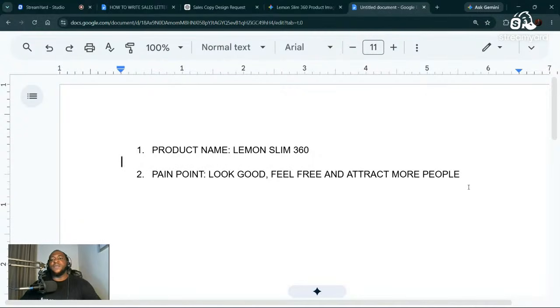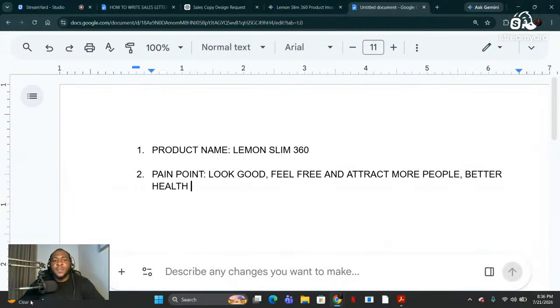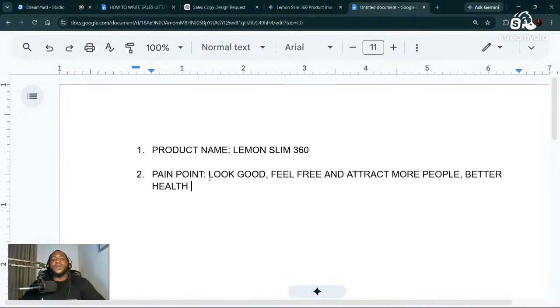And they can even have better health. So now, when you know the pain points of a person, a person's pain point is your easiest point of attraction.